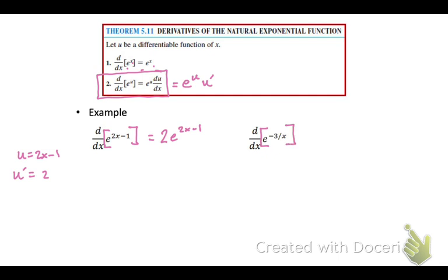You guys want to try the next one on your own? That is negative 3 over x, correct? Okay. Do you guys agree?